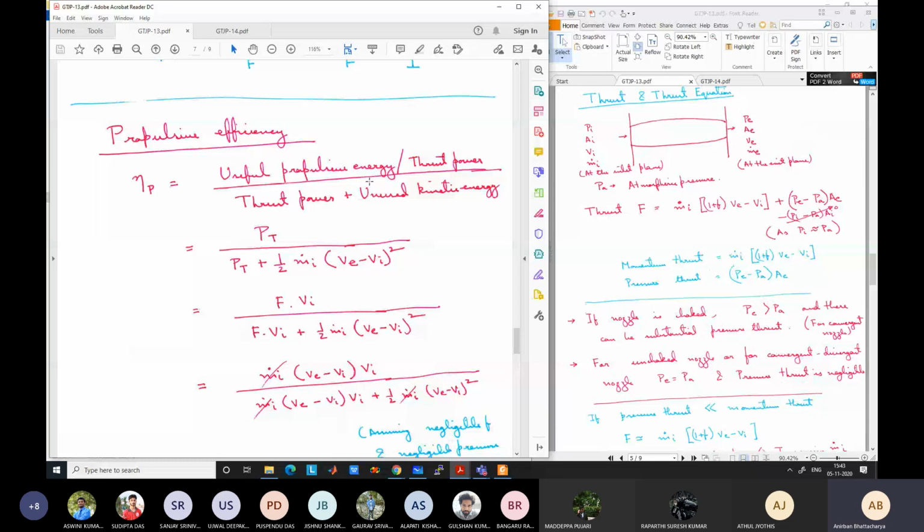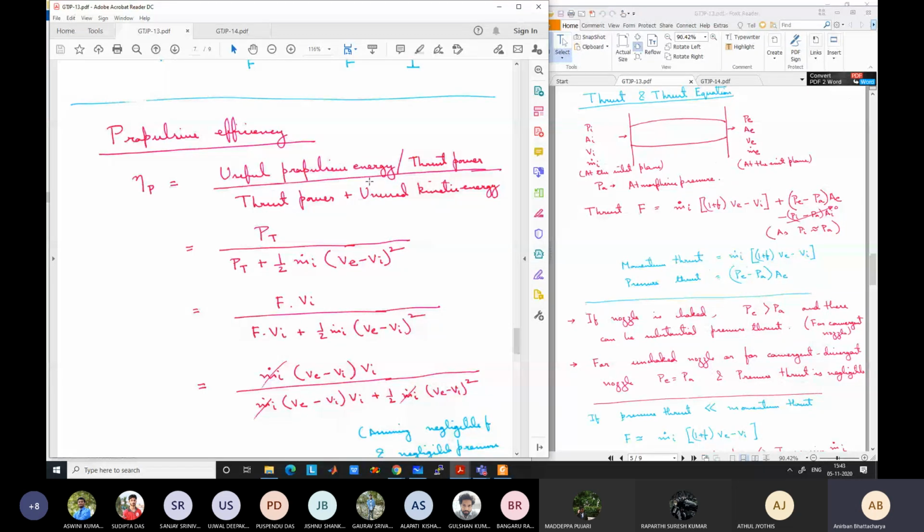The rest of the chemical energy is used for generating kinetic energy of the exhaust gases. If the engine has better efficiency, meaning the conversion ratio is better, it will generate more kinetic energy of the exhaust gases. So this is one part of the energy conversion.